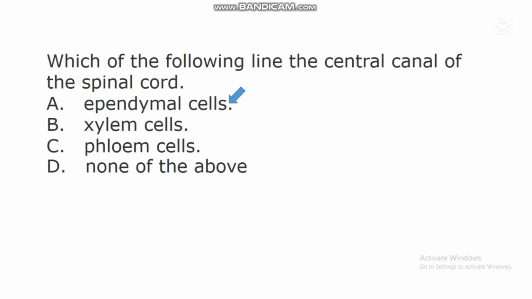Studies have shown that these cells line the central canal of the spinal cord, and these cells play a great role in production of cerebrospinal fluid and many things concerning the ventricles of the spinal cord, the meninges covering or protecting the spinal cord. So the ependymal cells are the cells that line the central canal of the spinal cord.